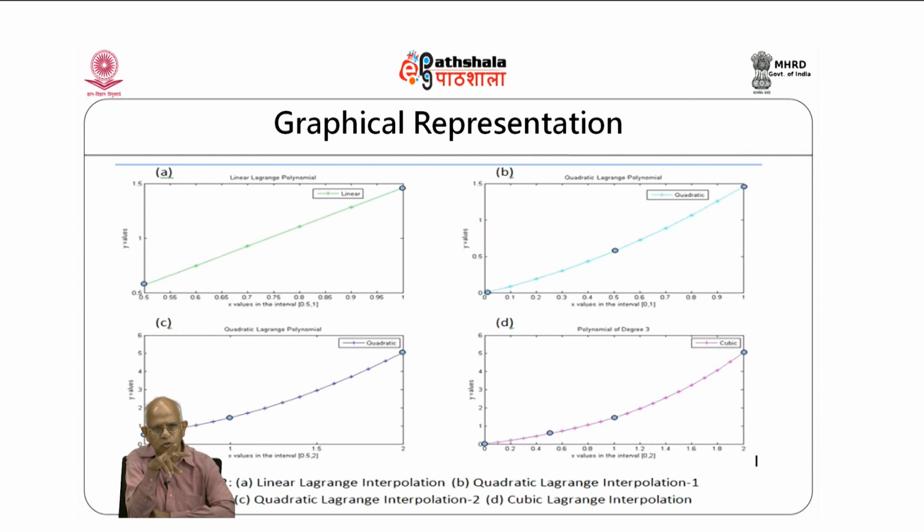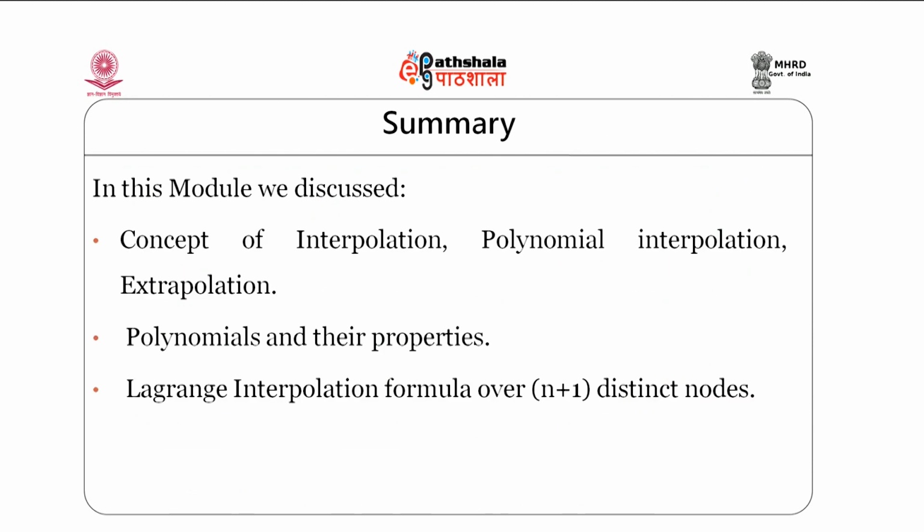In the third case also the same, because it is quadratic interpolation, and in the fourth case it is cubic interpolation, therefore we get two intermediate points and two end points. So that is how we get these four polynomials represented graphically, and from the graph also, if you look at x equal to 0.7, take the ordinate at that point, wherever it intersects the graph will give you the estimate of y.